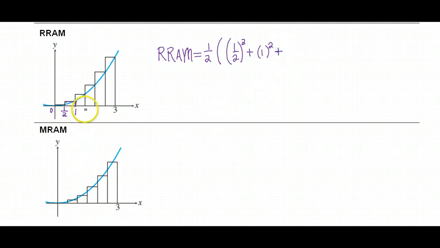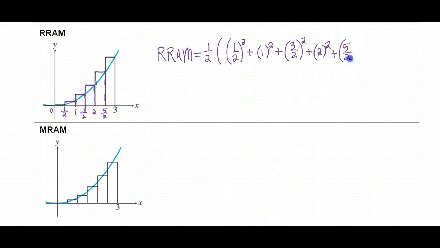The next right-hand endpoint is 3/2 right here, so it's going to be 3/2 squared. The next right-hand endpoint is going to be 2 because it hits here, so 2 squared. The next right-hand endpoint is 5/2 because that hits up there.